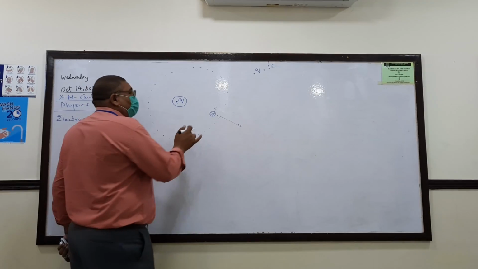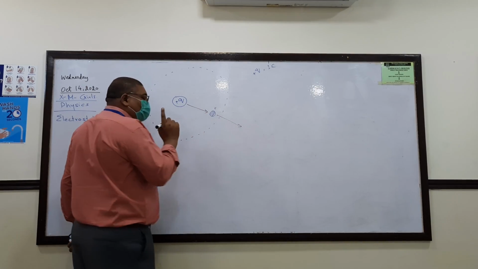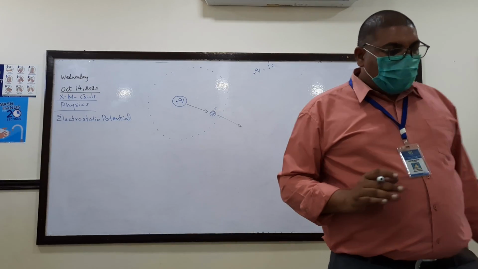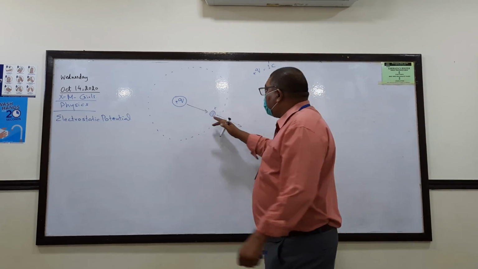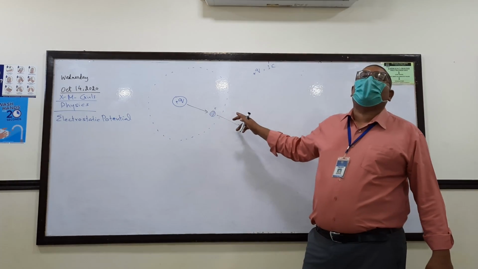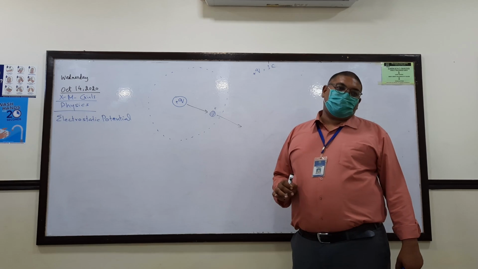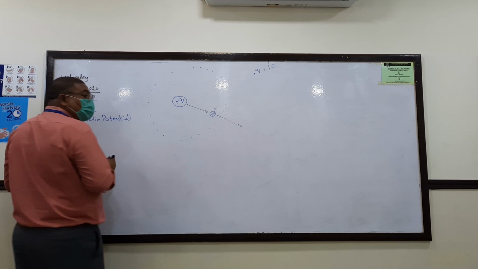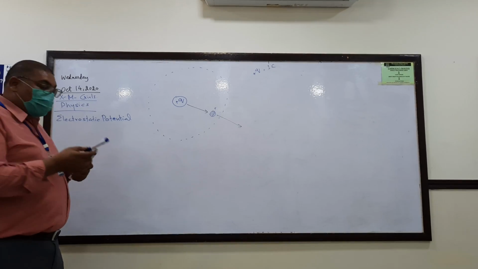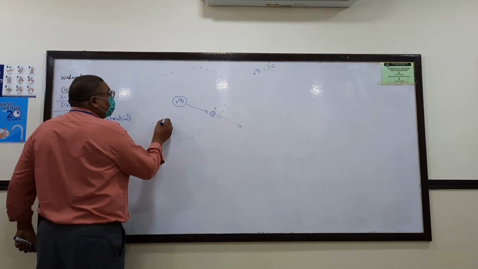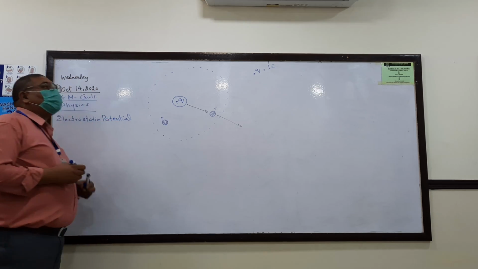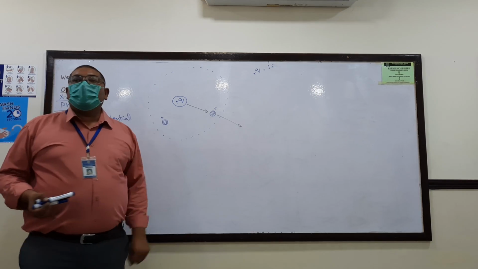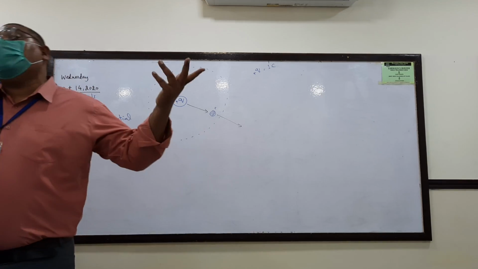So the direction of the electric field is whatever is the direction of the motion of this test charge. For example, if I put a unit positive test charge here in the electric field, you are supposed to observe what will happen with it.